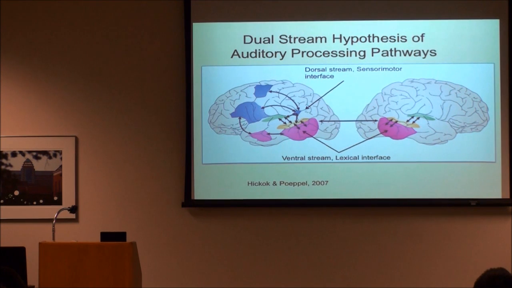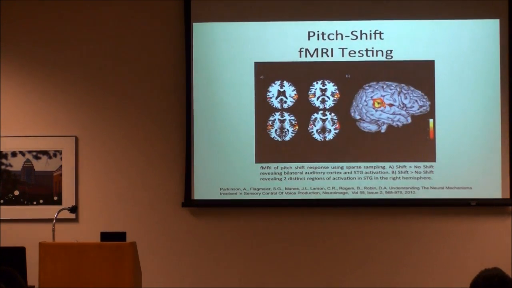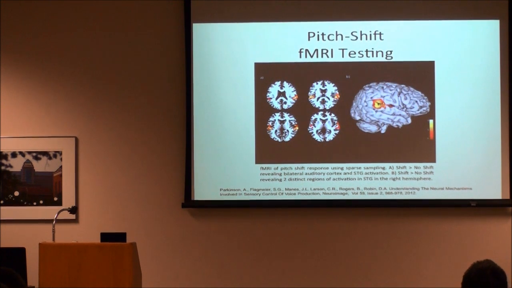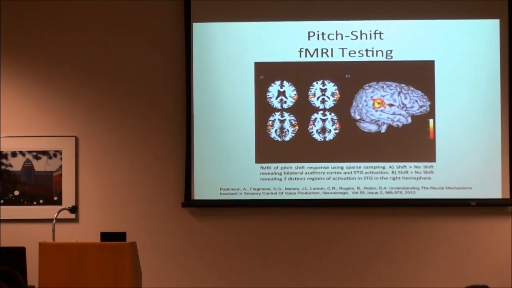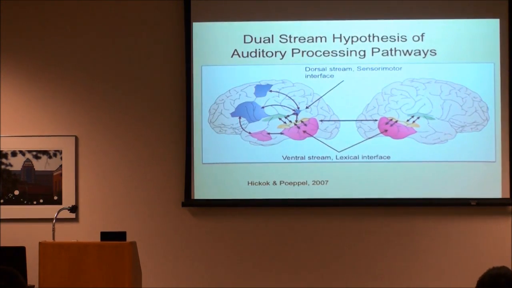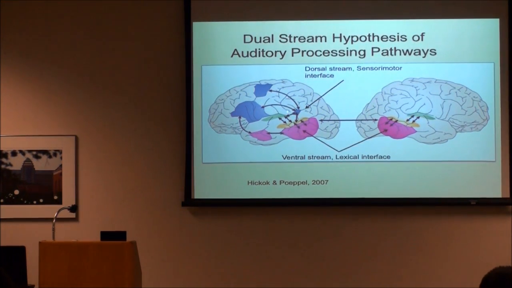And I just wanted to go back to this slide. That's kind of where we're seeing this activation here. So our fMRI activations are supporting this model of Hickok and Poeppel that this part of the brain is important for interactions between auditory feedback and motor control.